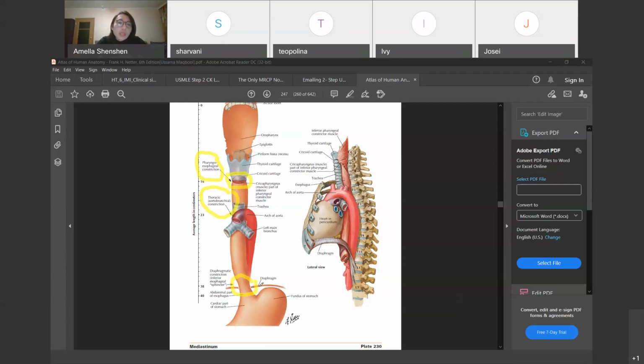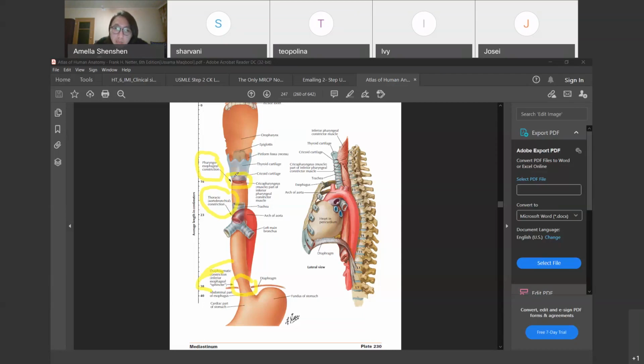Now, the upper esophageal sphincter is your pharyngeal constriction, while your lower esophageal sphincter is your diaphragmatic constriction, as it's stated here, diaphragmatic constriction or inferior esophageal sphincter. Here is your upper esophageal sphincter or superior esophageal sphincter.